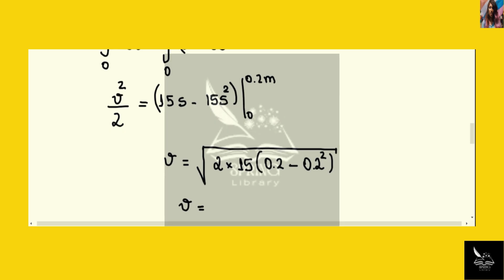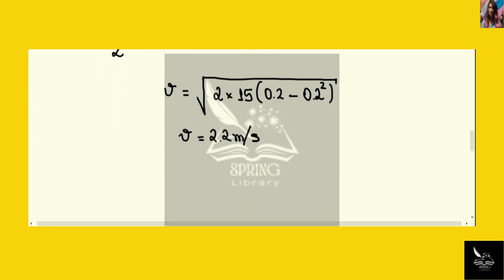So v is equal to 2.2 meters per second. This is the speed of the cylinder as it passes through the point s equals 0.2, which concludes our exercise.